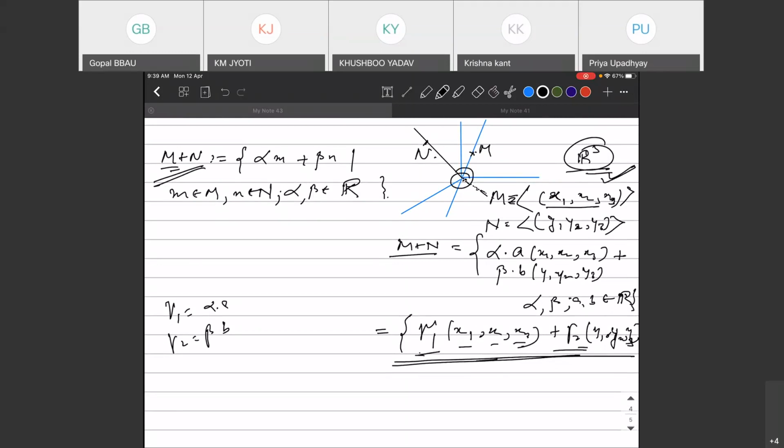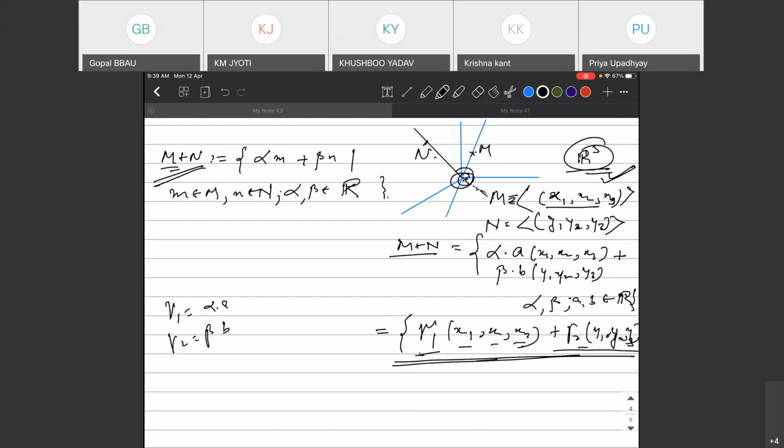When gamma 2 is 0, it is 0, 0, 0. So it is a plane which passes through the origin and which contains the lines M and N. That is the subspace M plus N.